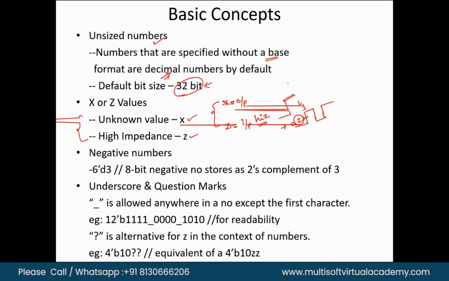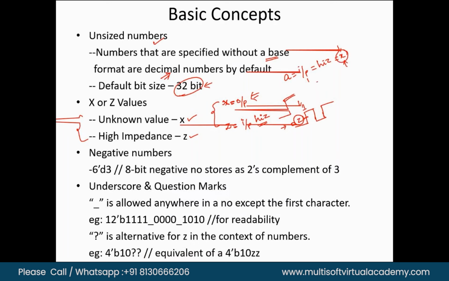When you go for structural modeling or any other modeling, in the simulator window, if I have a value A as my input, it should be shown as HIZ. Instead of HIZ, if it is shown as X, which means A is my input, but the simulator is considering this A as output.